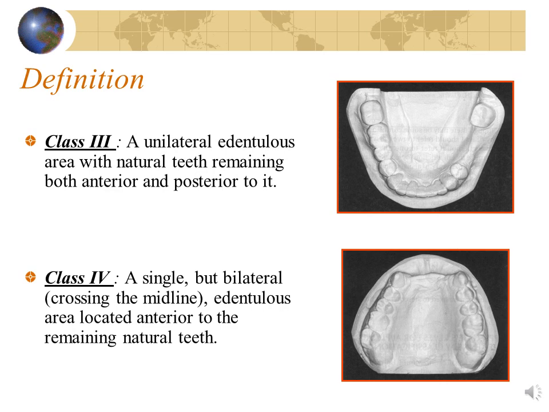Class 3 presents a unilateral edentulous area with natural teeth both anterior and posterior to it. Class 4 displays a single bilateral edentulous area located anterior to the remaining natural teeth. It is important to note that the edentulous space must cross the dental midline.